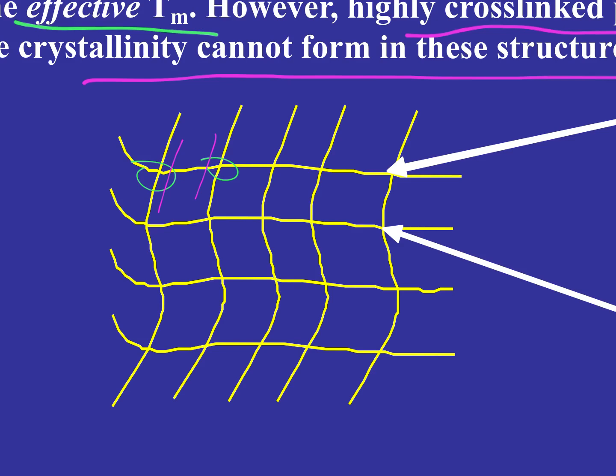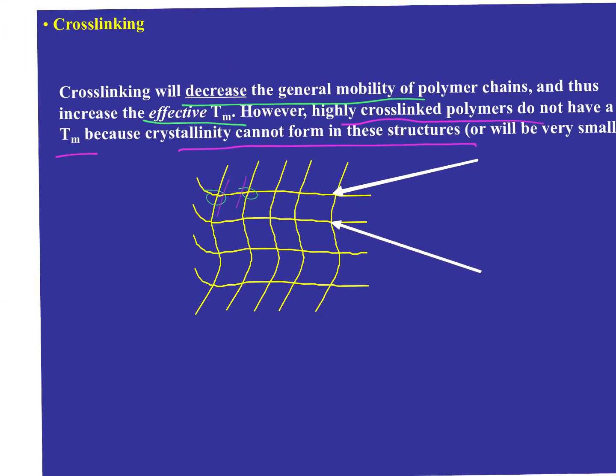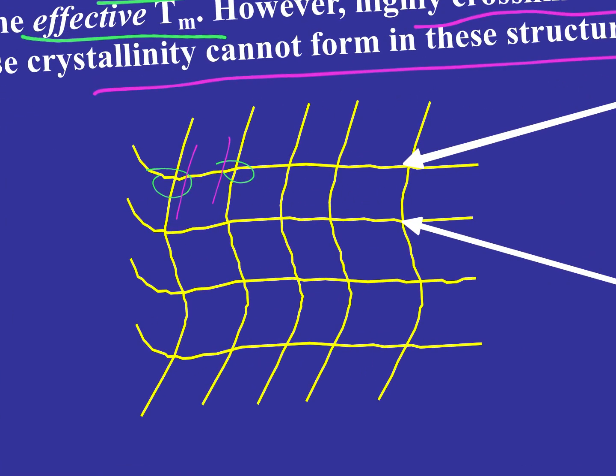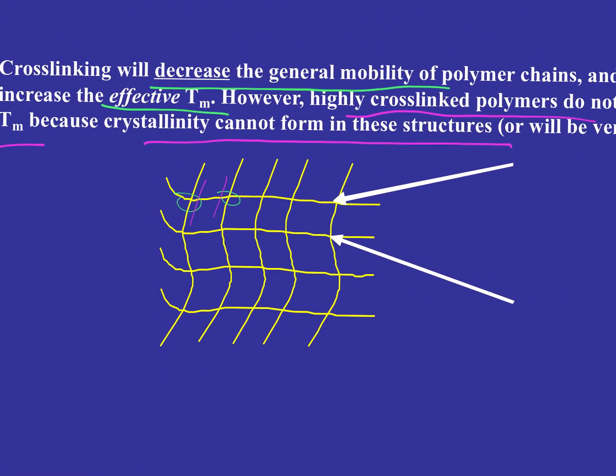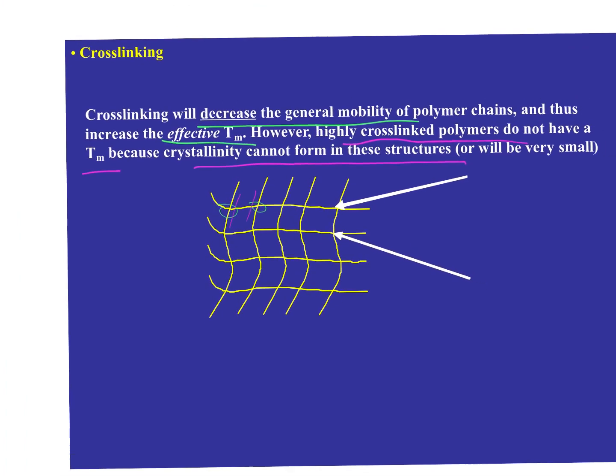Still a really brittle, rigid structure, even in the absence of crystallinity, because everything is cross-linked. So you can definitely engineer these properties one way or the other. But in some cases, you can have crystallinity form depending basically on how much space exists between those cross-link points in these structures. Any questions about that?